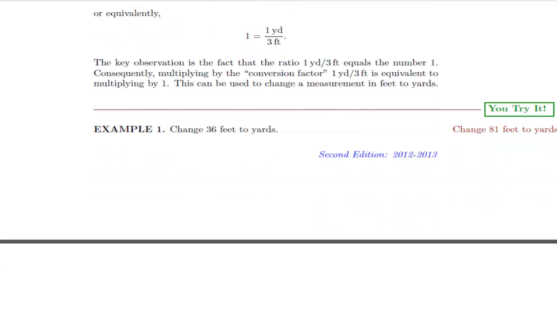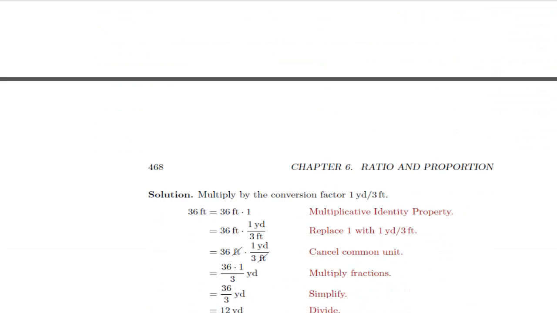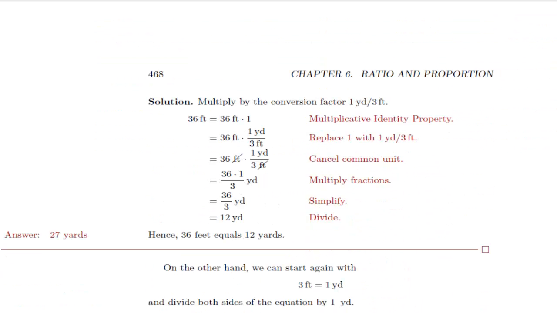Example 1. Change 36 feet to yards. Solution: multiply by the conversion factor 1 yard over 3 feet. So, 36 feet equals 36 feet times 1, which equals 36 feet times 1 yard over 3 feet, since 1 yard over 3 feet equals 1. Then, we can cancel the common feet units of length.